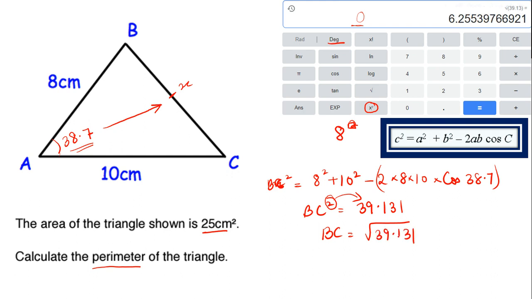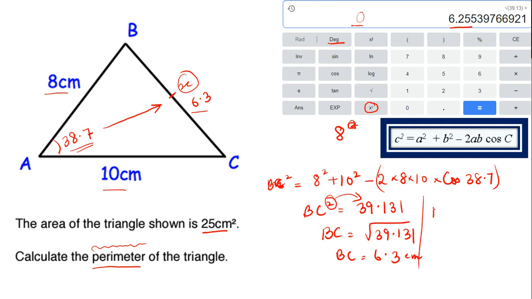So when I check that out, the square root of 39.13 gives me 6.25 and so on, which means my length BC is equal to 6.255. I can just round it up to 6.3 centimeters, which means this length right here is 6.3. Now again, coming back to the original question that says find the perimeter of the triangle, which means 8 plus 10 plus 6.3.